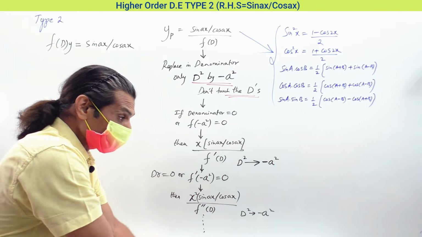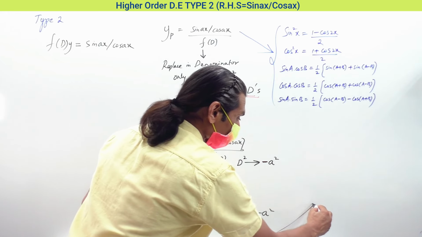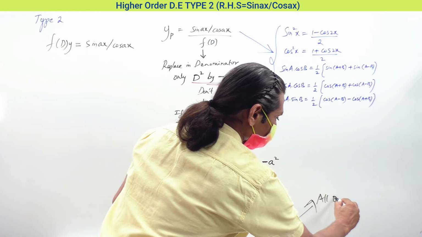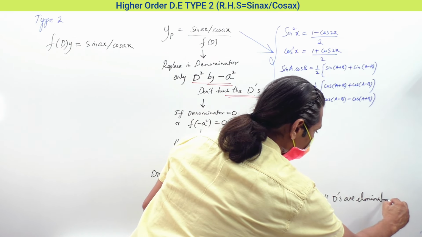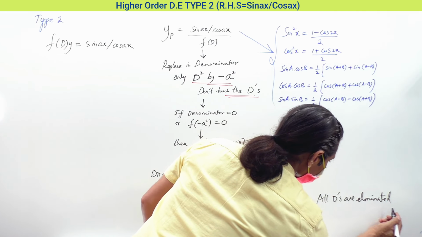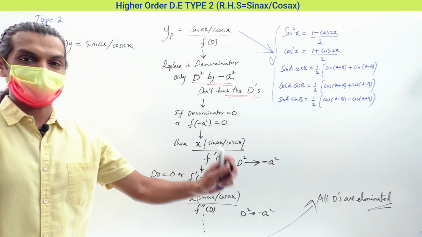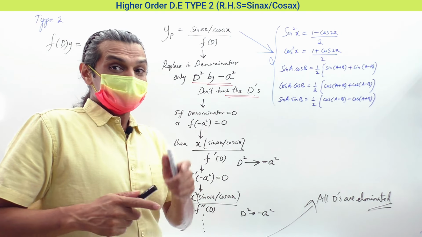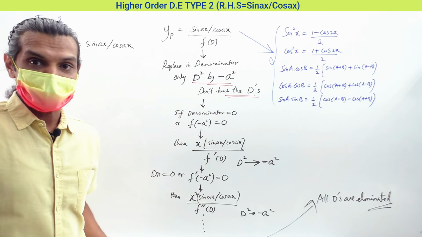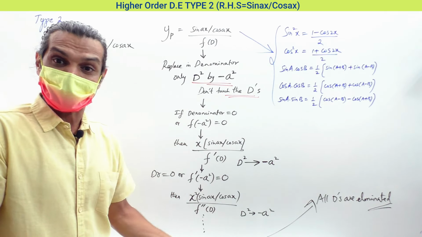This process keeps on continuing till all these are eliminated. That means the solution of any differential equation is to remove all these. That's it. But one more thing we'll ask. See the basics. What if D remains?